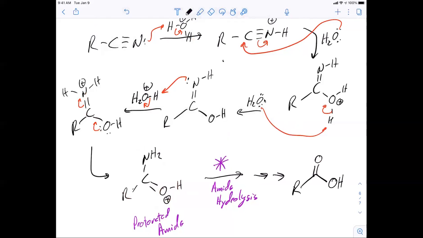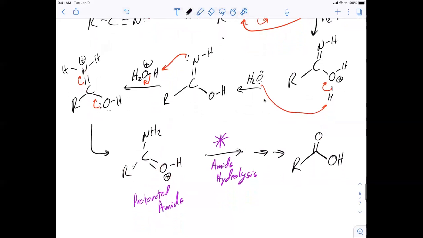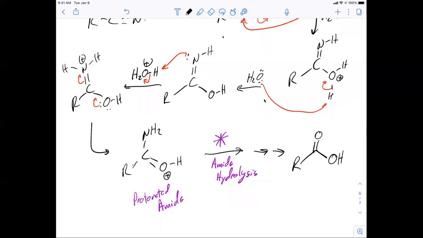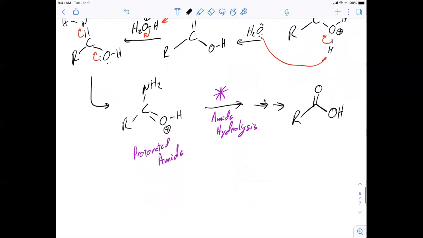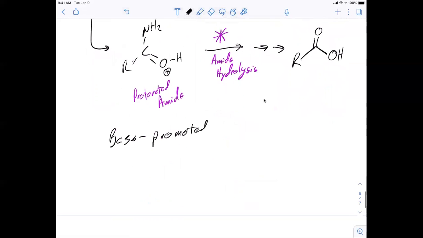Okay, questions about this one? Like with the ester and the amide, the nitrile also has a base promoted hydrolysis. Not seen as often, but it does work. And whenever I'm putting sodium hydroxide in here, consider this to be pretty strong sodium hydroxide.